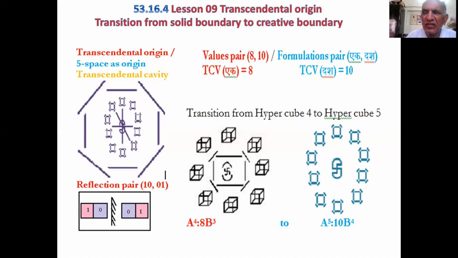Sadhakas fulfilled with intensity of effort to be parallel with Vedic systems and its Vedic mathematical base shall sit comfortably and permit the transcending mind to continuously remain in prolonged sitting of trance, to properly comprehend and fully imbibe these features of formulations pair ek and Adi, and number values 8 and 10, reflection pair of 10 and 0, 1 as double digit systems, and the solid boundary of 8 components of hypercube 4 and creative boundary of 10 components of hypercube 5.